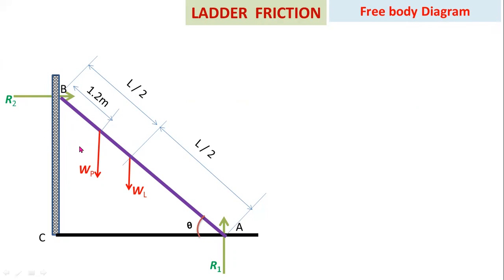Now you have to consider the direction of motion of the ladder. At the time of slipping, the bottom end of the ladder moves towards the right, so you have to consider the left side frictional force, because frictional force always acts opposite to the direction of motion of the ladder: F1 equal to mu1 R1.